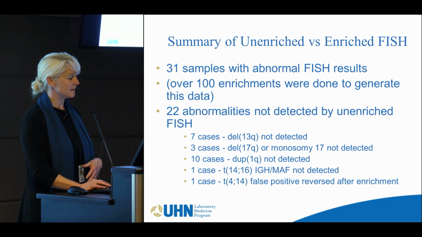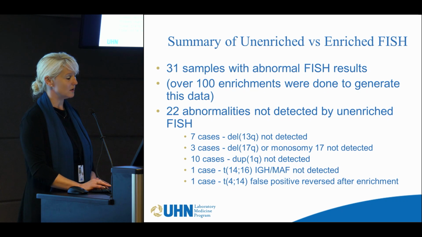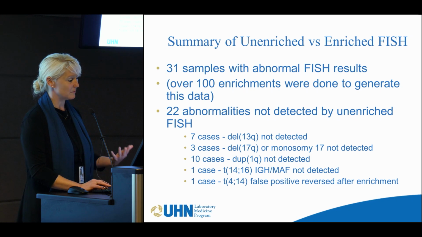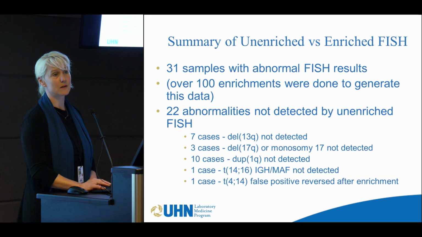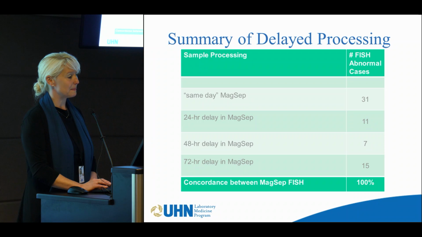So 7 cases with 13Q, 10 cases with a duplicated 1Q, 1 case with an IgH MAF, and 1 case that had an FGFR3 IgH. It was considered a false positive, simply because of overlapping of signals. So we found that there were separate signals in the bone marrow sample.